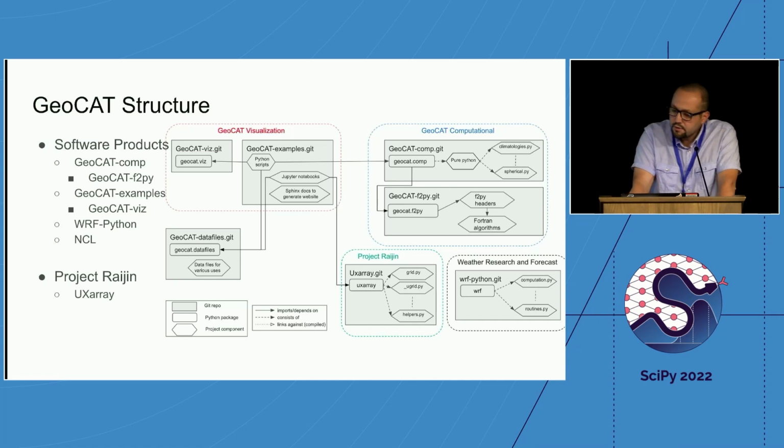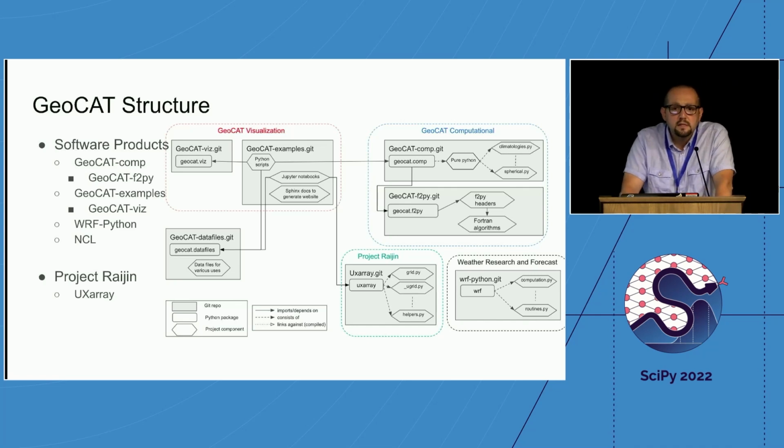On the right-hand side, the GeoCAT computational stack is shown, and GeoCAT-comp is the actual user API in pure Python. But under the hood, we are transparently importing GeoCAT-f2py, which is a wrapper of Fortran routines in Python.